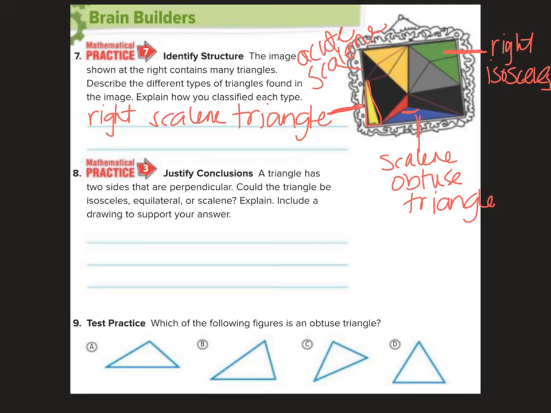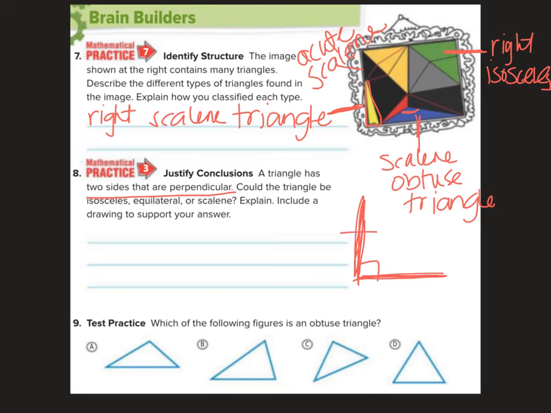A triangle has two sides that are perpendicular. Oh, okay. Two sides perpendicular. Could the triangle be isosceles, equilateral, or scalene? Explain, including a drawing to go with each answer. So yeah, it could be isosceles, right?